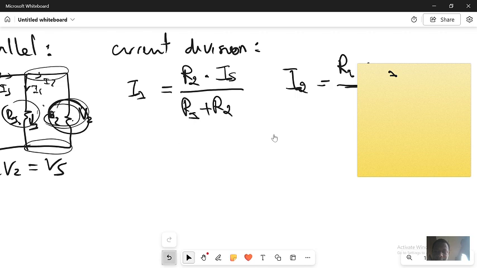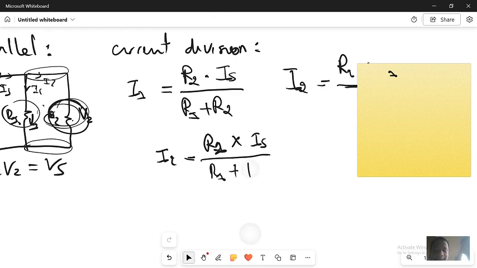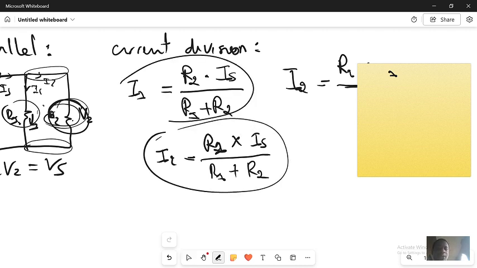I will have I2 equal R1. Since I want to find the current flowing in R2, I will take the opposite: R1 multiplied by IS divided by R1 plus R2. Now I determine the total currents.